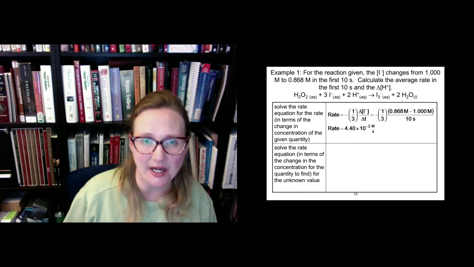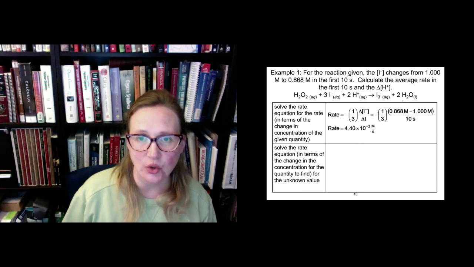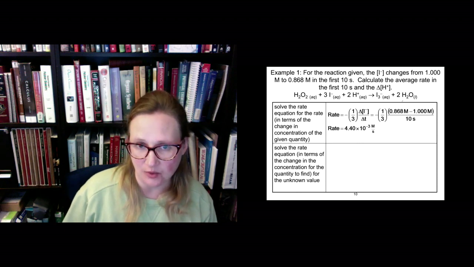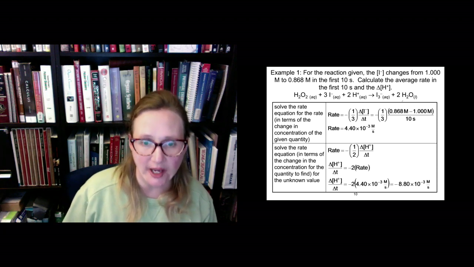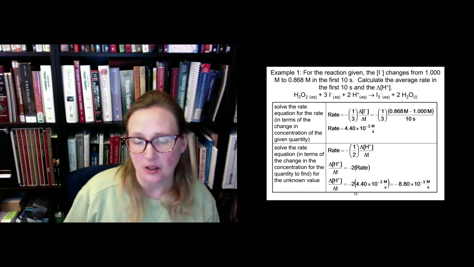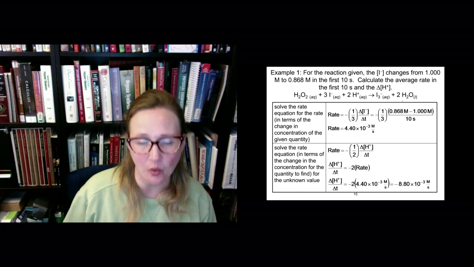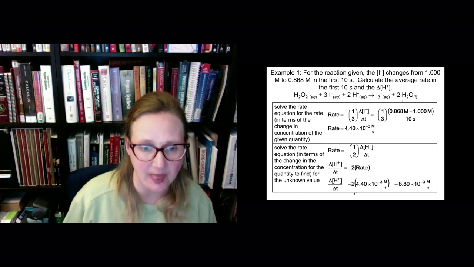Now what we want to do is take the rate of the change of iodide and compare that to the change of H+ that we would need. So we can take the rate. Remember, here we have negative 1/2 delta concentration of H+ over the delta T. Again, 1/2 because of stoichiometry.